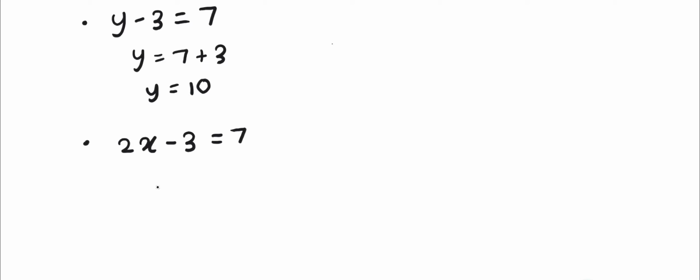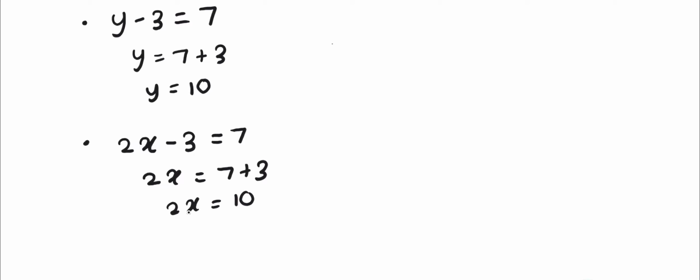Initially we move the minus 3. What is the opposite of minus 3? It becomes plus 3. So 7 plus 3 is 10.